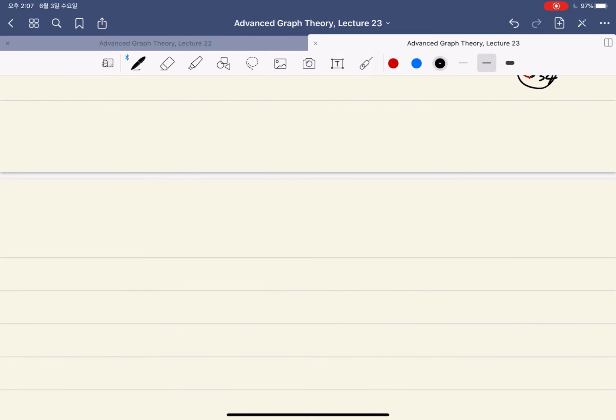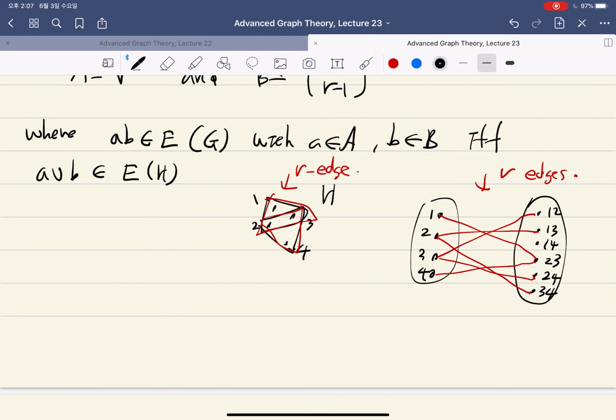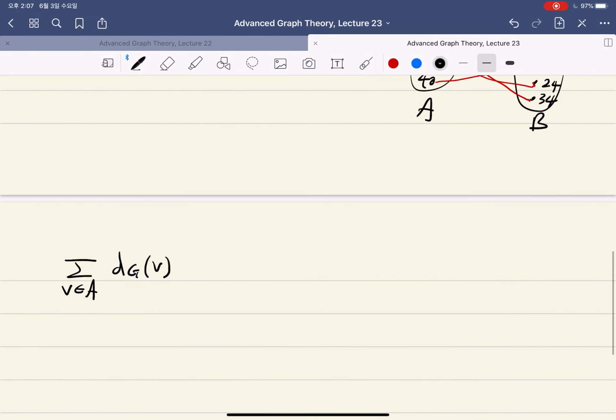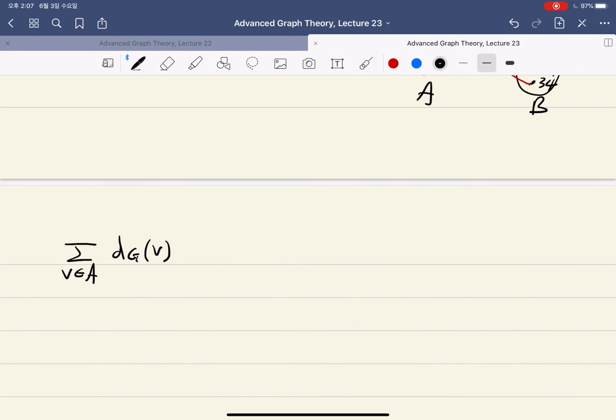Then we know that if you take the degree sum of the vertices in A, this counts every hyperedge exactly r times. So this is bigger than r times n to the r minus 1 over s to the r minus 1.